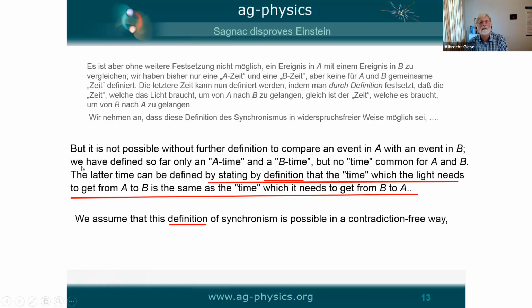We have defined so far only an A time for the event in A and a B time for the event in B, but no time common for A and B. The latter time for both can be defined by stating by definition that the time which the light needs to get from A to B is the same as the time which it needs to get from B to A. And we assume, says Einstein, that this definition of synchronism is possible in a contradiction-free way. And here we have to contradict Einstein. It is a contradiction in the case of Sagnac.